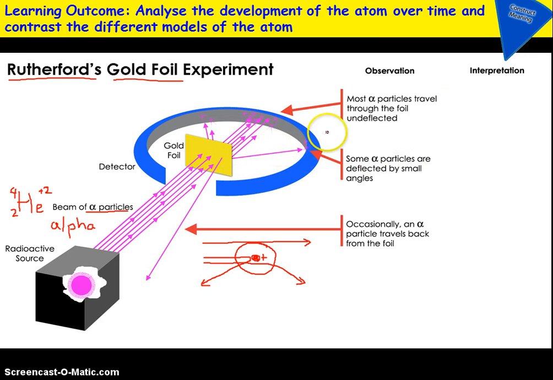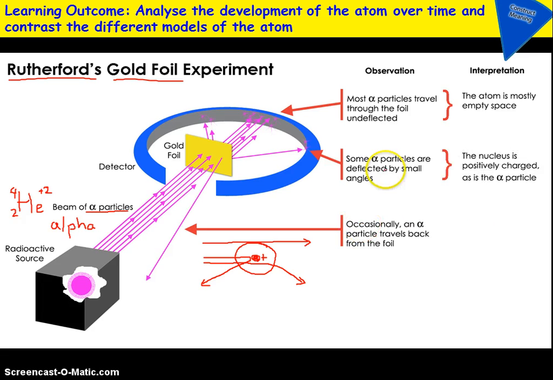His interpretations for each of these is that, well, if most of them pass through, most of the atom must be empty space. If some of them are slightly deflected, it means the nucleus must be positive, as the alpha particle is. And lastly, because some of them are deflected back by a large amount, most of the nucleus's mass must be in the centre, which is what he called a nucleus.